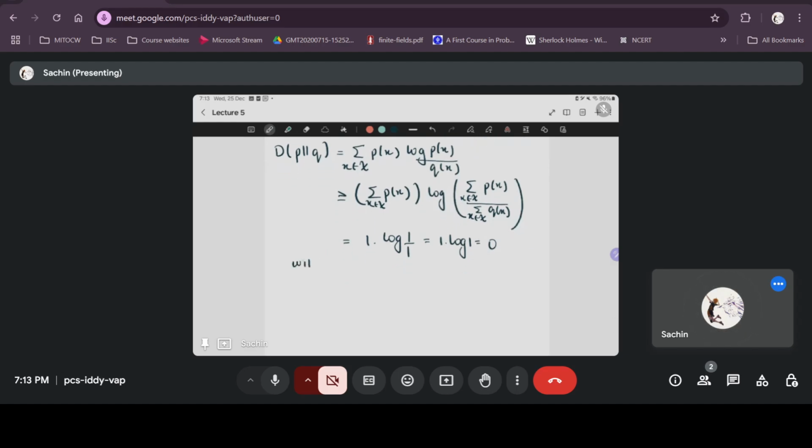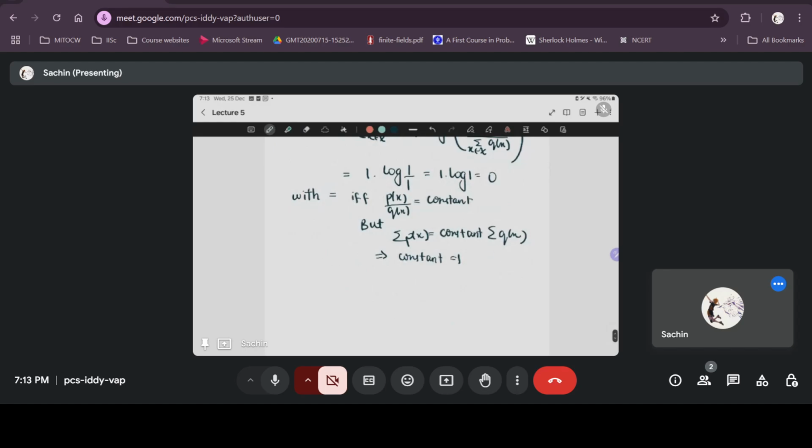With equality if and only if P of x over Q of x is equal to a constant. But summation P of x will be equal to constant times summation of Q of x, which implies the constant is equal to 1 for all x.